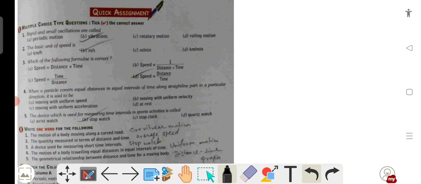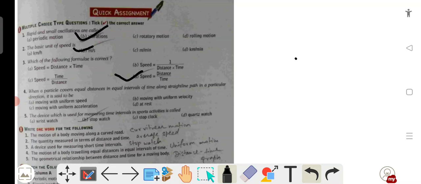Speed is equal to distance into time? No. Speed is equal to distance by time. So the answer is D.